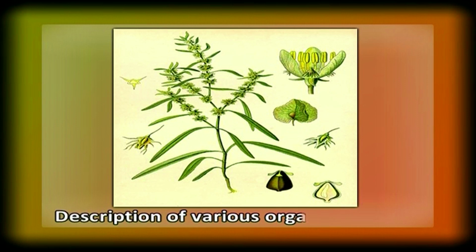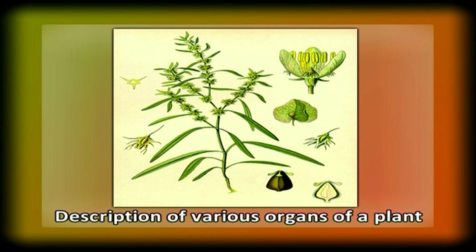The description is recorded in a set pattern. For example, habitat, stem, flower, sepals, stamens, carpels, fruits, etc., as shown in the figure. For each character, an appropriate character state is listed.